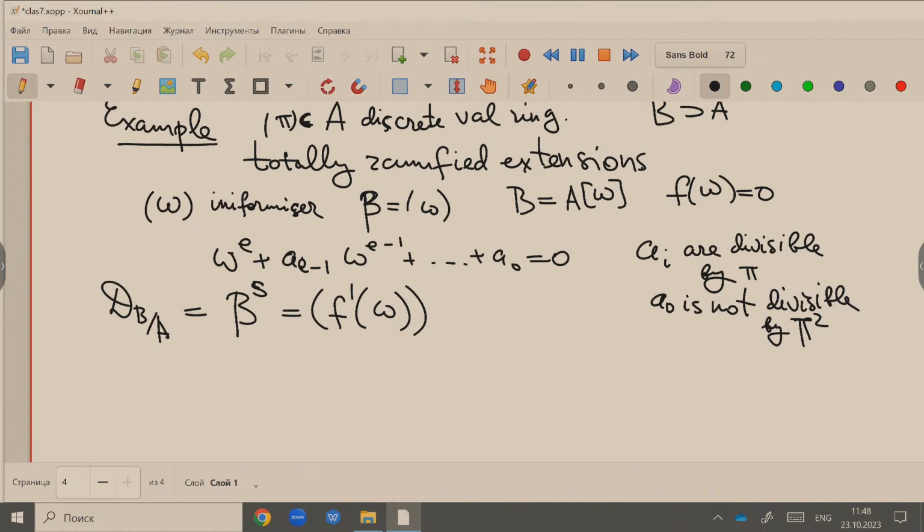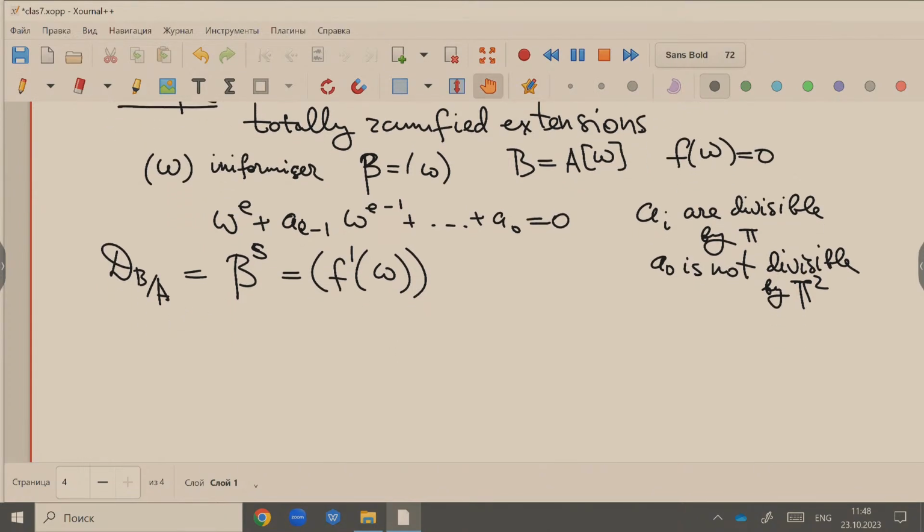You have to write down this derivative and calculate the maximum power of B that can divide it. So let us write down the derivative.